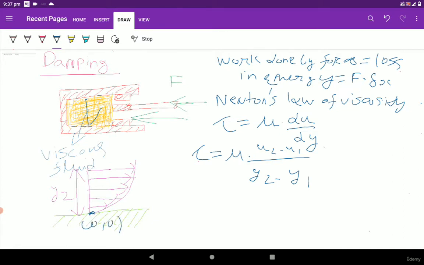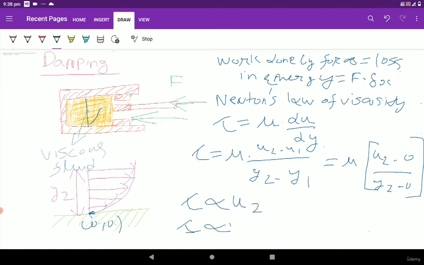So we are going to write this equation as mu times u2 minus 0 upon y2 minus 0. We can see that shear stress is directly proportional to u2, that is, shear stress is directly proportional to the velocity of the fluid.